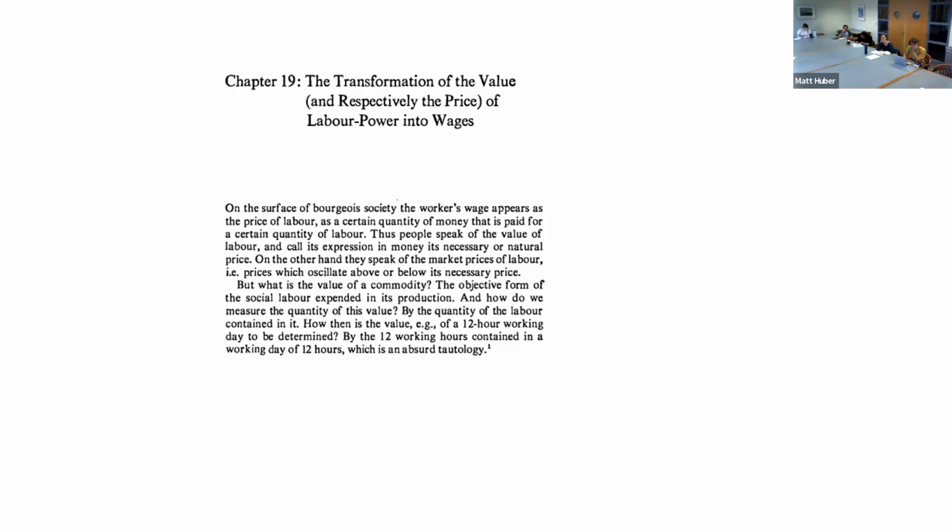So what we're going to get into in this section on wages, just as a prequel, is that in capitalism, everyone thinks wages are a payment for what you do in production, right? What you contribute to the production process. It's a payment for that. And Marx is here to tell you that is an obfuscation of what's really going on.